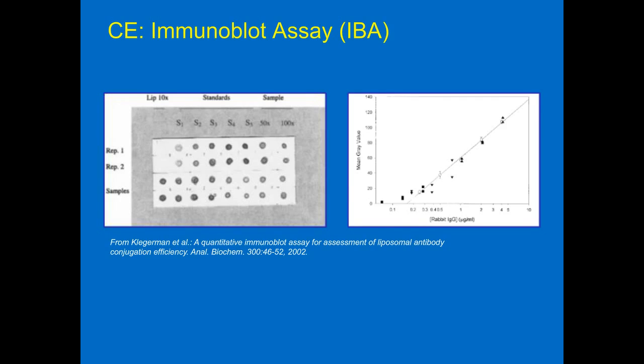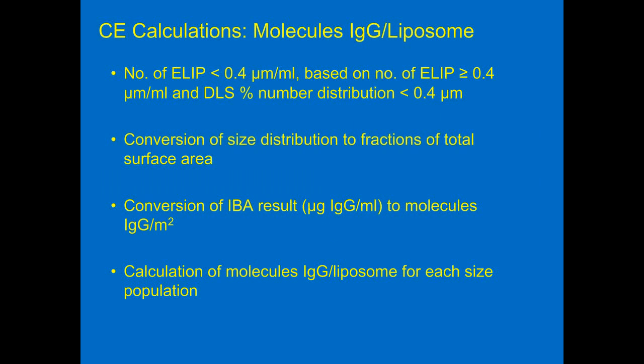And so using that, we can calculate the conjugation efficiency in molecules per liposome for both populations.